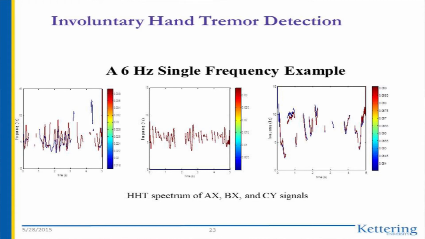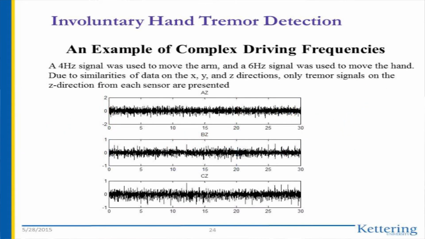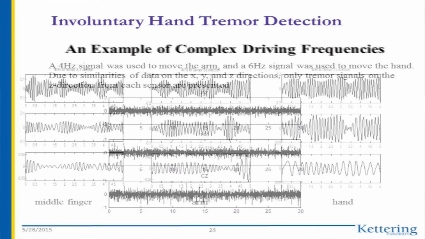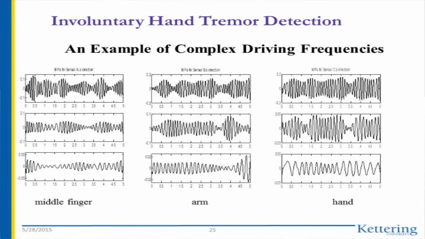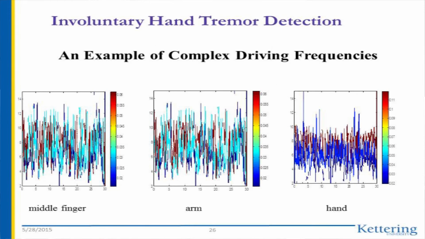And of course, we collected a few complex drive frequencies, and the results are similar. That gives you the combination of the frequencies at each spot with different magnitudes. Therefore, you have all the components. Again, for treatment, you can select appropriate means.